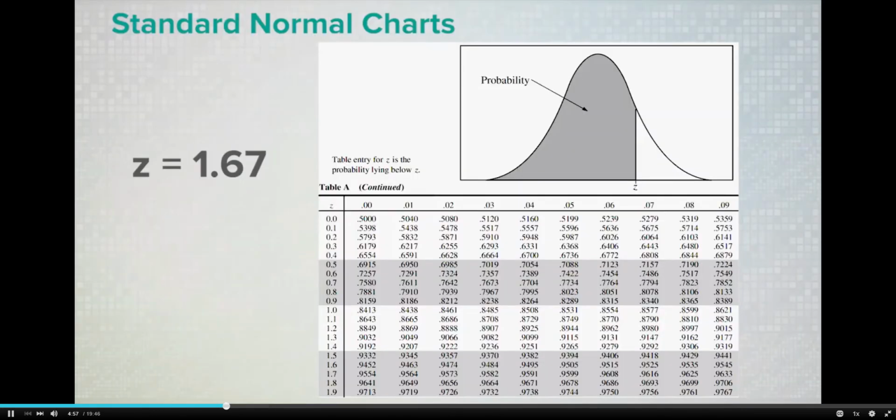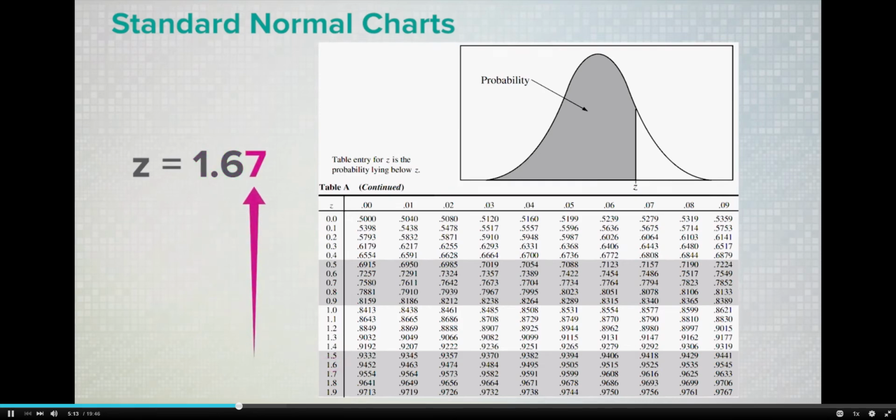Remember, our example had a z of 1.67. So now I need to find 1.67 on my normal distribution table. The way it works is this. On the left column, I look for the 1.6. I'm looking for up to the tenths place of my z-score. That is right here on the chart.